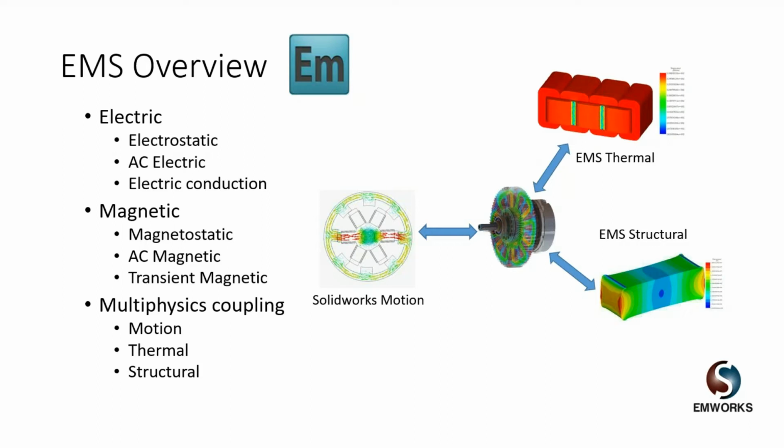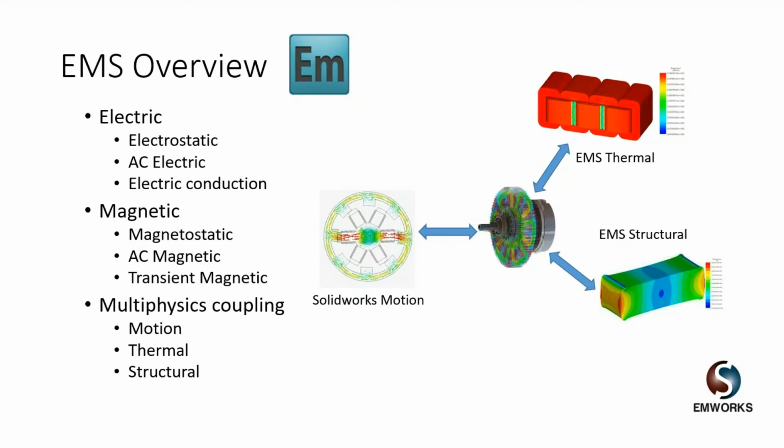EMS electromagnetic solvers can be roughly grouped into two categories. The first one is electric and the second one is magnetic solvers. The electric solvers are of three kinds, and the first one would be the electrostatic one, which allows you to simulate electric fields and associated phenomena such as electric force, dielectric breakdown, capacitance matrices.